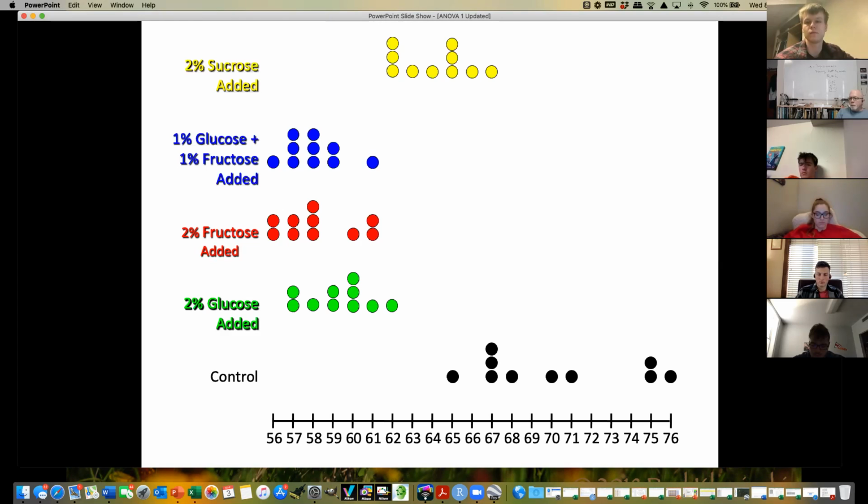What else is similar among those three, Jonathan? Well, if you look at the 2% glucose, 2% fructose, then you can go 1 and 1%. They're kind of the same in what you've added.